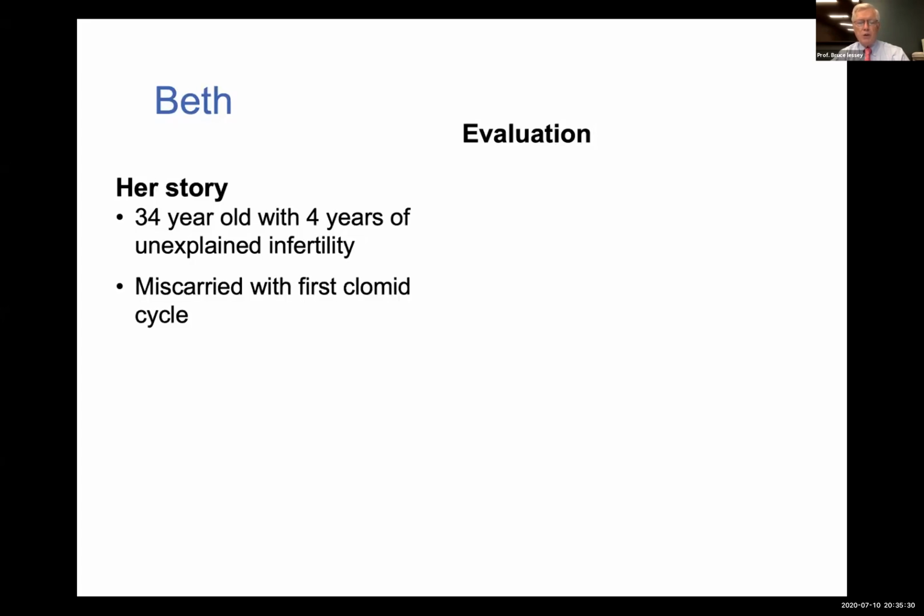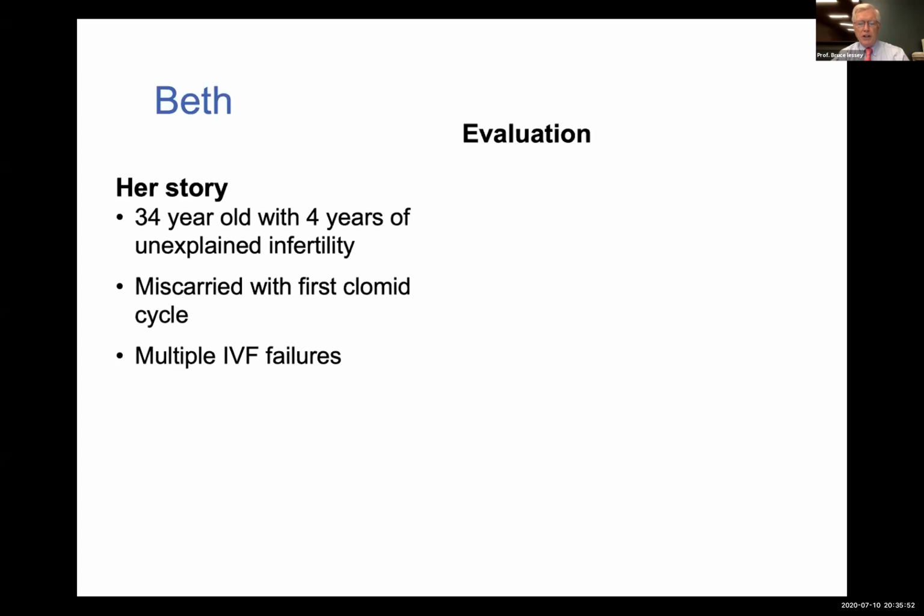She had a miscarriage with her first Clomid cycle and then went on to do IVF at her local IVF center in Washington, D.C. She failed a few times and then went out to Denver. By then her AMH was falling and she was unable to get a lot of eggs and was not successful.